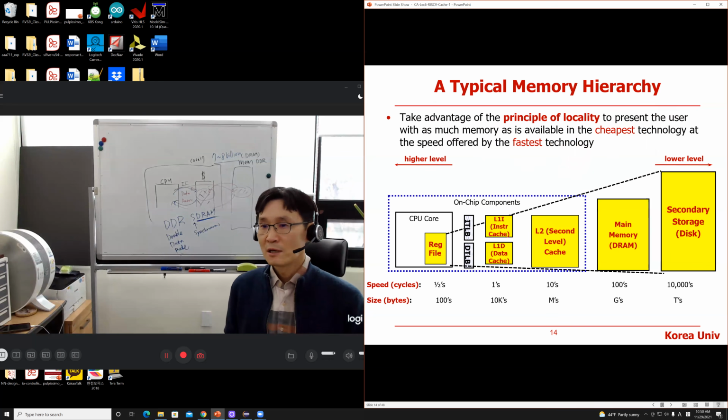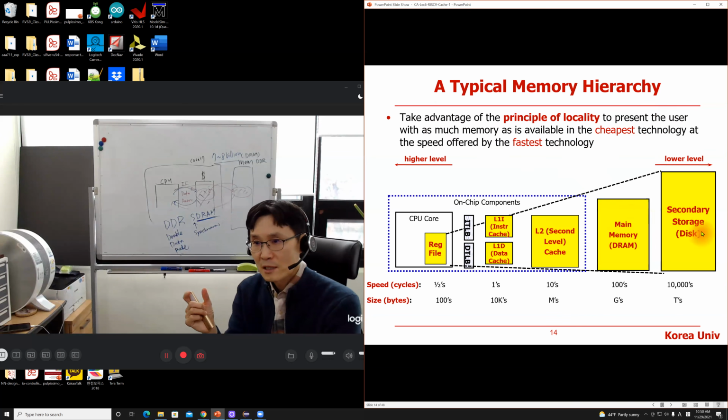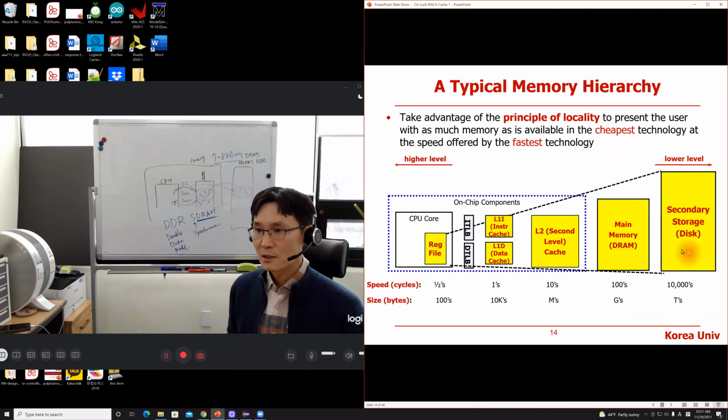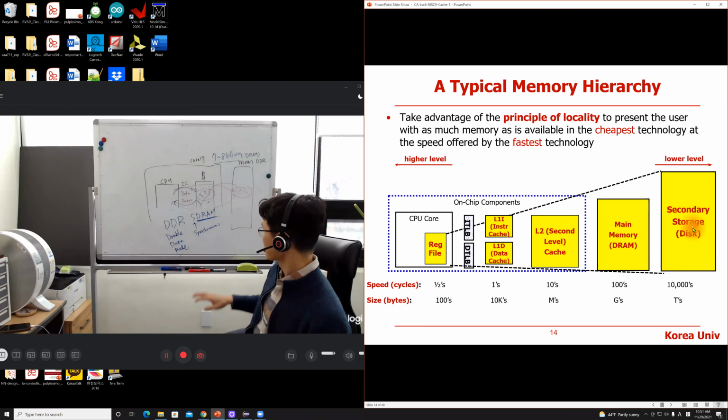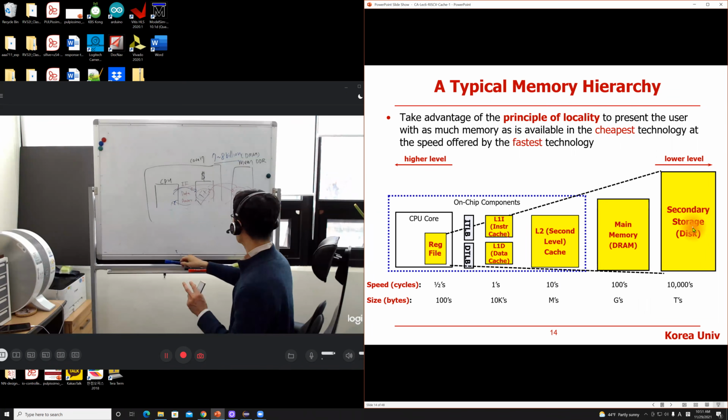That means if you compare price versus capacity, hard disk or SSD is huge, like 1 terabyte or 2 terabyte capacity. So think about your computer.